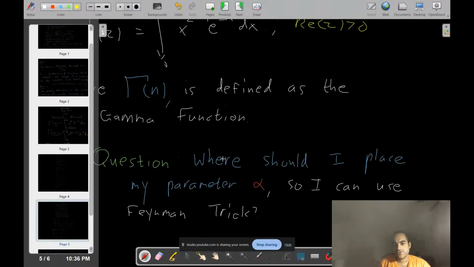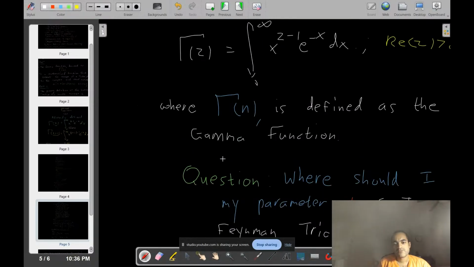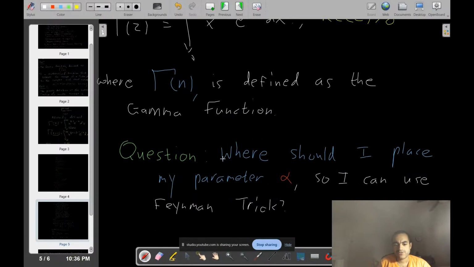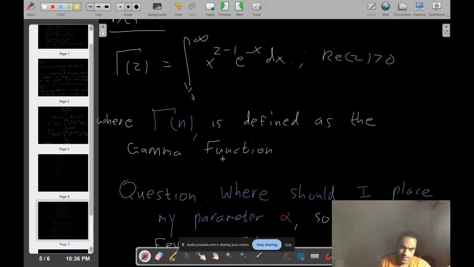So my question to the audience is, where should I place my parameter alpha so I can use the Feynman trick and hopefully integrate easily? That is a question for you guys. Let me see if anyone knows what's coming in.